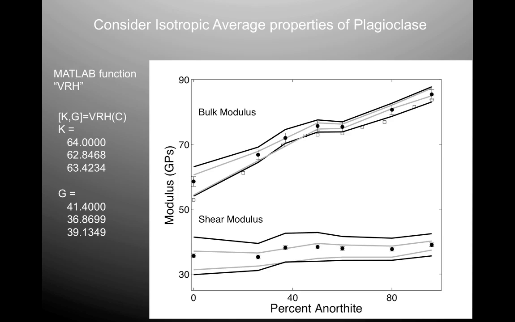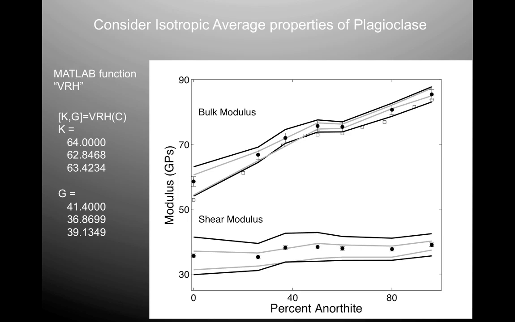Now, the X-ray compliance measurements provide a measurement of the bulk modulus, and the open squares are the X-ray measurements from Ross Angel's laboratory. They were used as a constraint in fitting for the elastic constants, and as you can see, the X-ray data follows along the Reuss bounds, as they should, since in the X-ray single crystal experiments, a uniform stress was applied to the entire surface of the crystal.